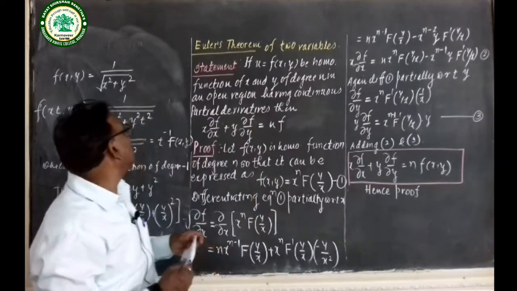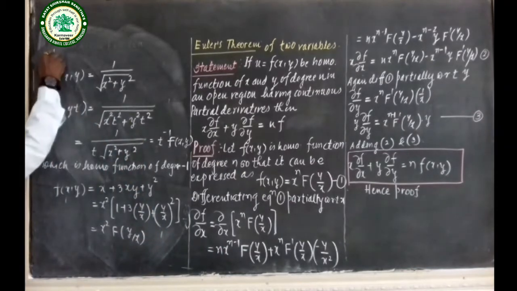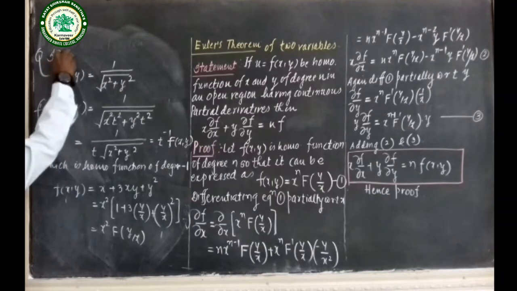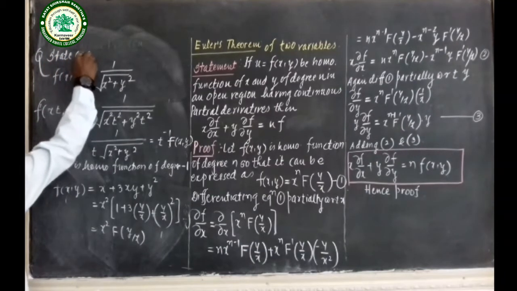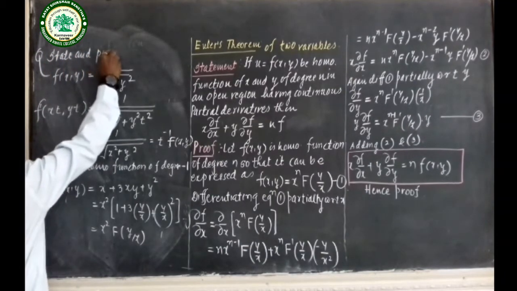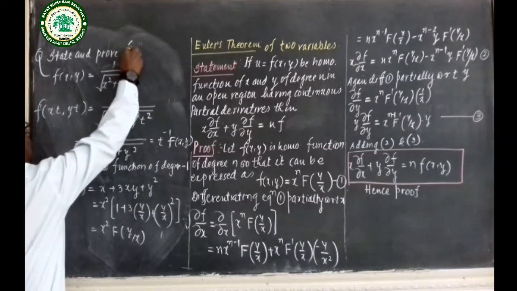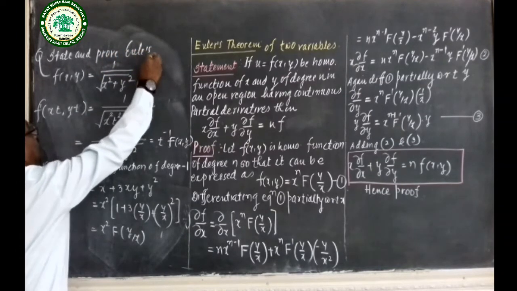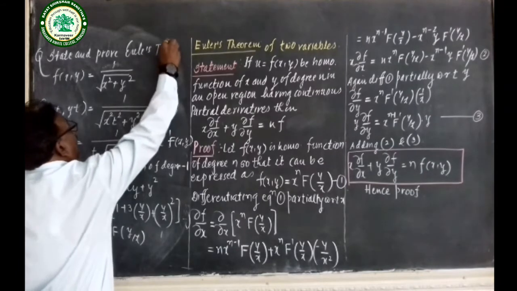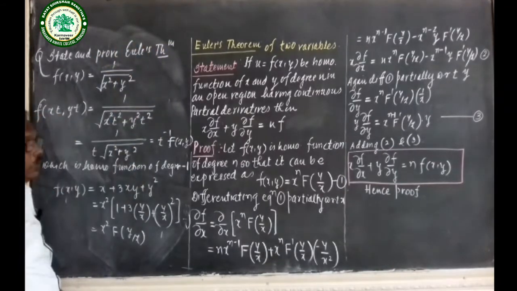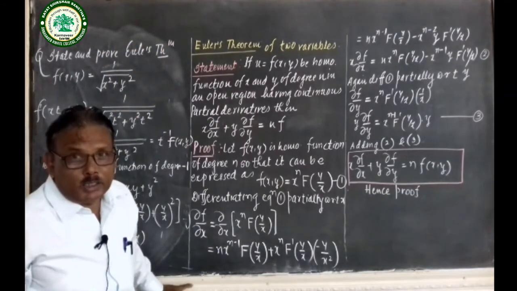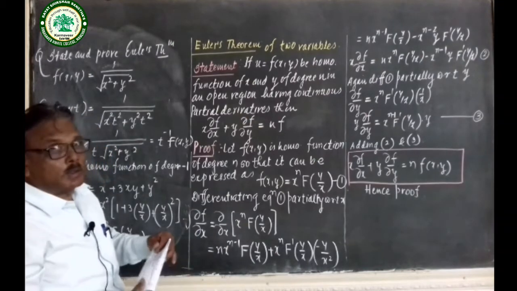The question will be asked as: state and prove Euler's theorem for a function of two variables. Okay, it is for a function of two variables. Start.